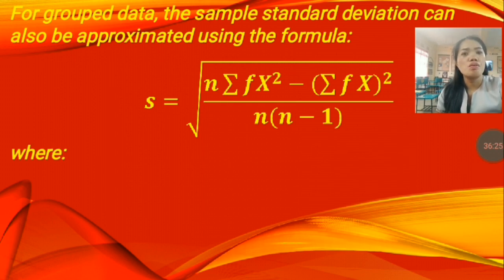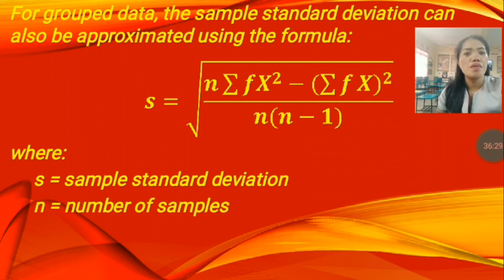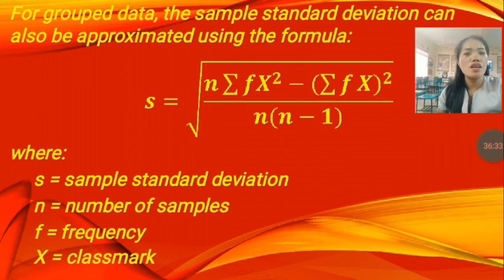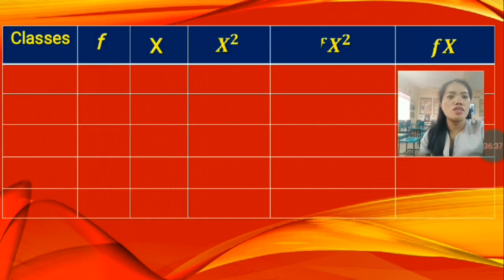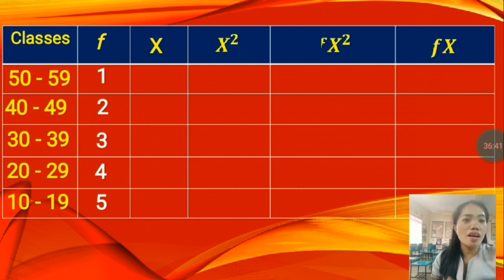Where S is the sample standard deviation, n is the number of samples, f is the frequency, and x is the class mark. So let's try to check. We have the same classes, so we will be dealing with the same data. We will just be using the second method.